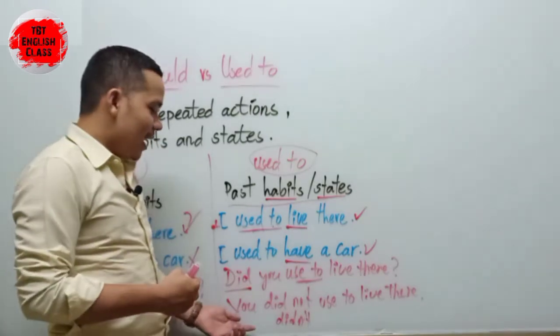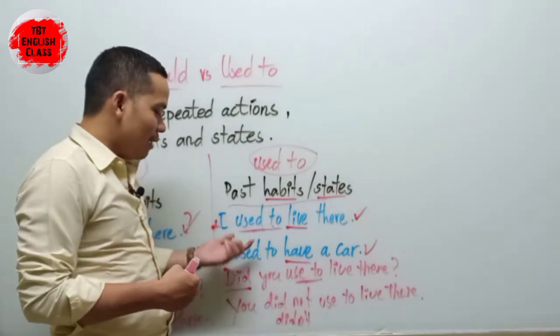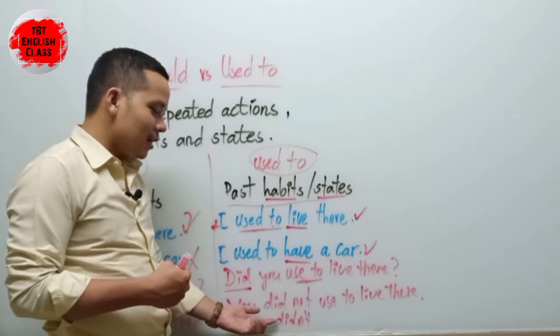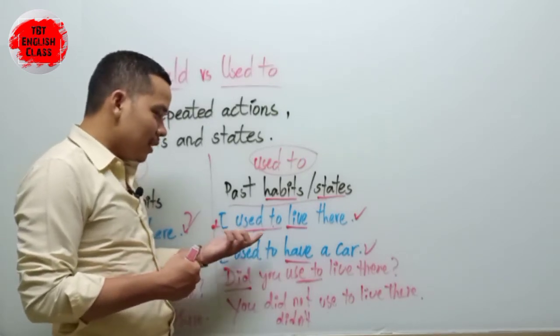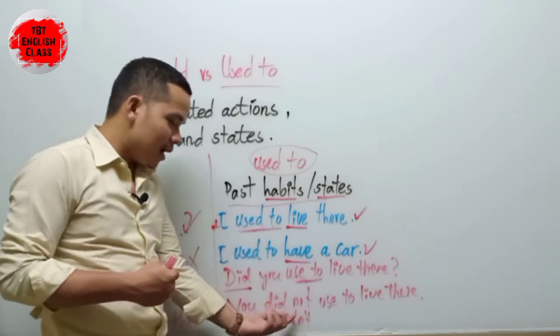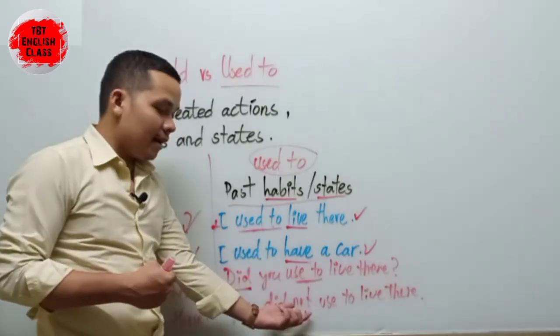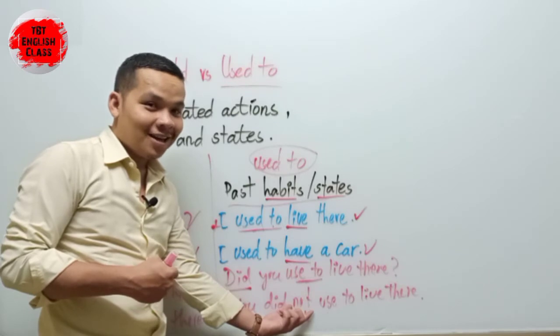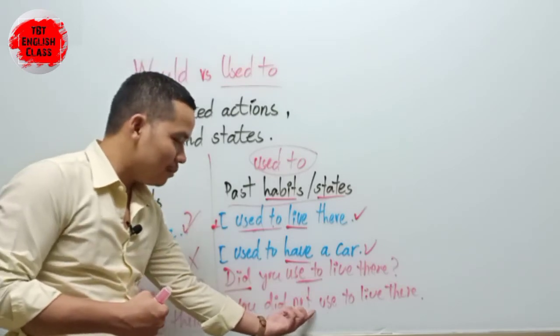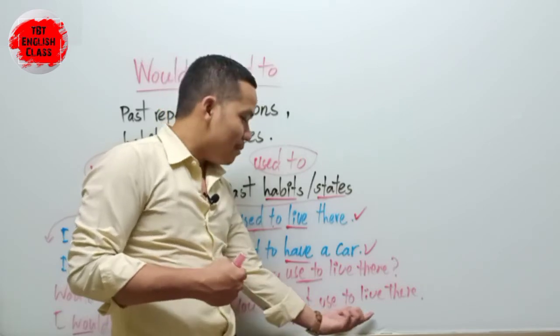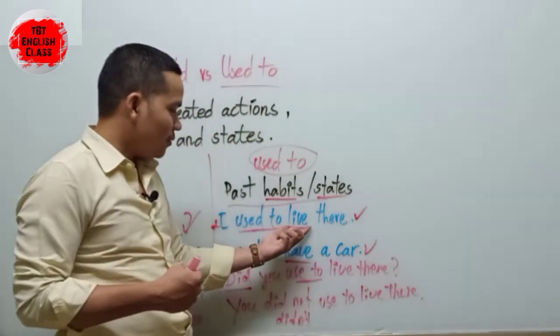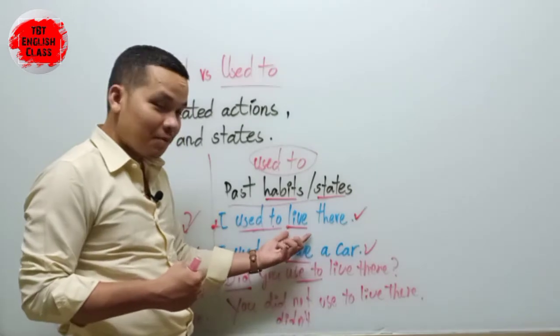But when I want to make this statement negative, I just use the auxiliary verb did not, to make this simple positive sentence negative, by using the auxiliary verb did plus not, the negative adverb. And we keep the base form use to. And the main verb, we keep the same form, like this one, also keep the main verb, action verb here.